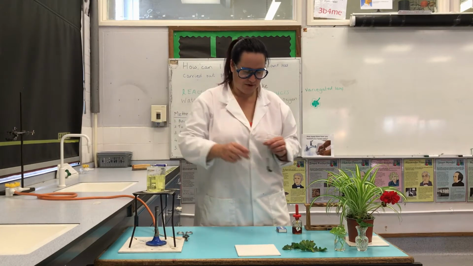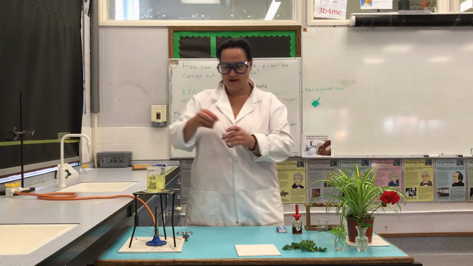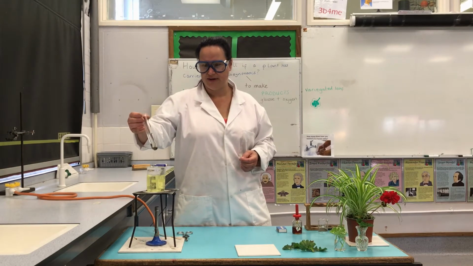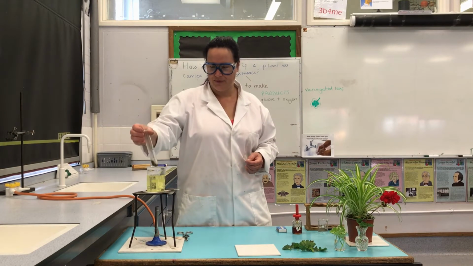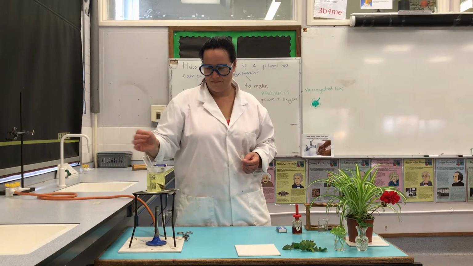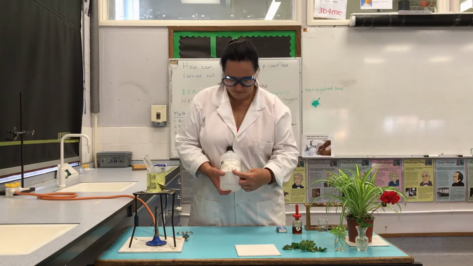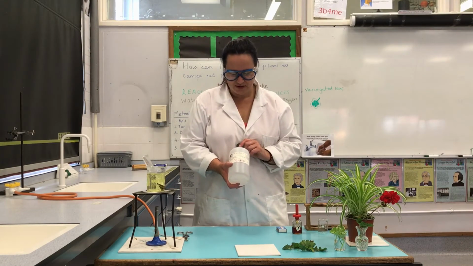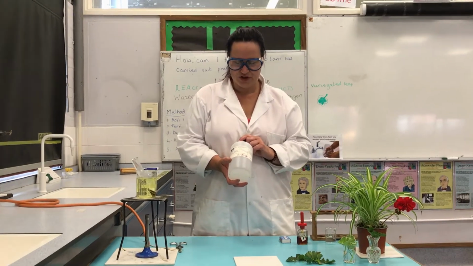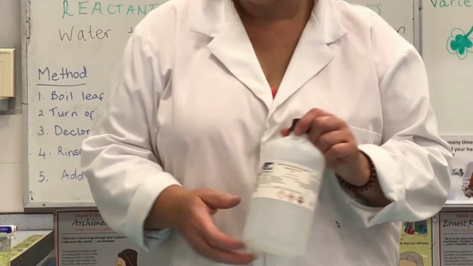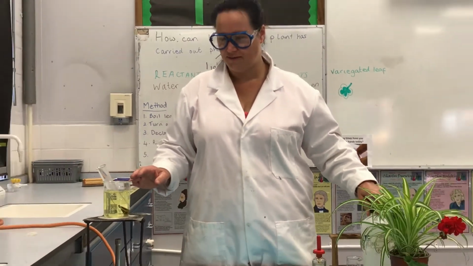And I'm going to put it in the hot water to heat it indirectly. I don't want to heat it on a naked flame because it's very flammable. See on here. So it boils at a very low temperature and it produces vapours, and those vapours can catch fire easily. So we always do it with the gas off.